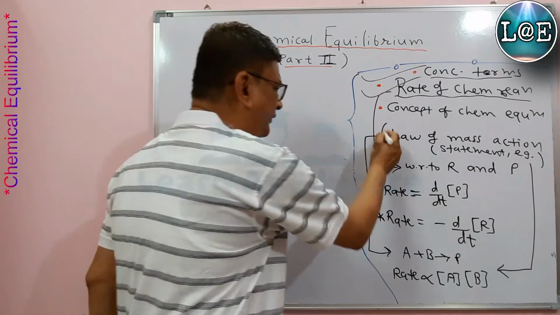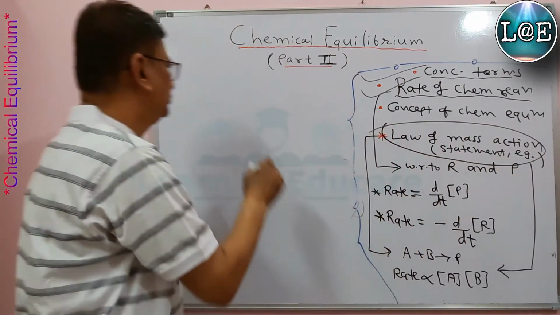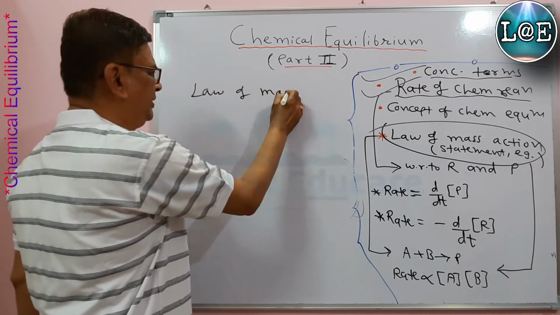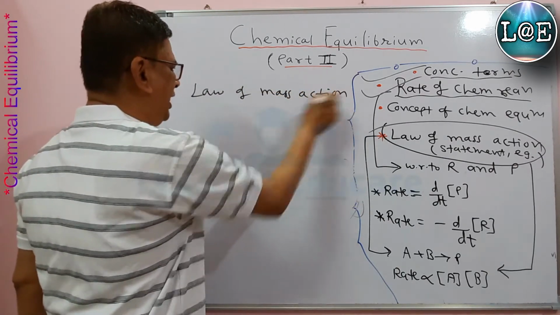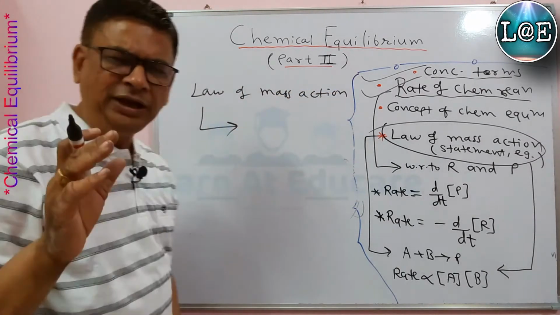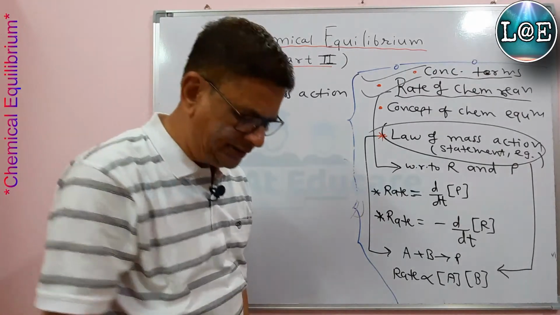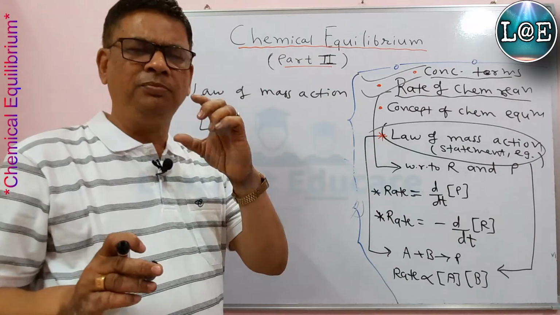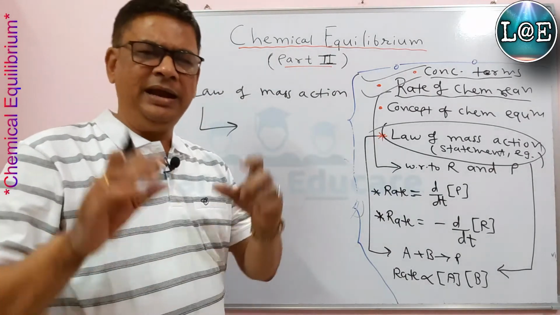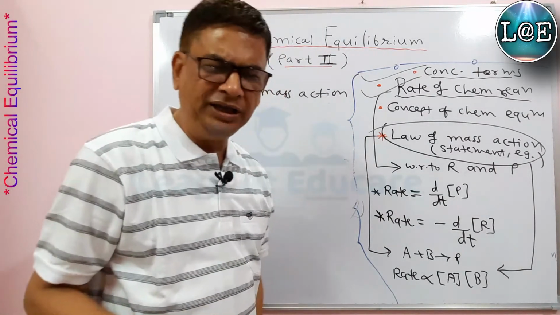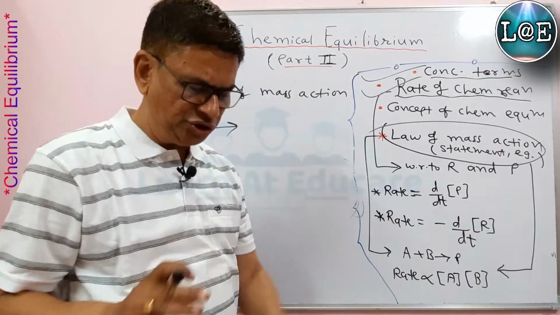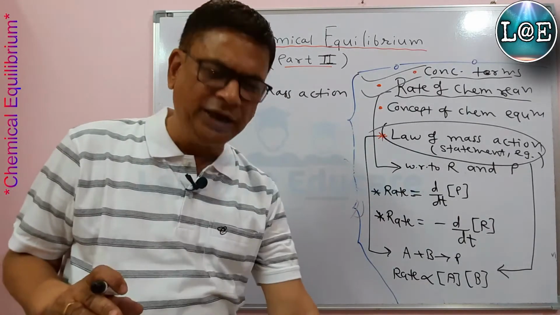Now, we deal with the law of mass action, which is important in chemical equilibrium. According to the law of mass action, the rate of reaction is directly proportional to the concentration of reactant. Means at a particular instant, the product of concentrations of reactants gives the rate of reaction.